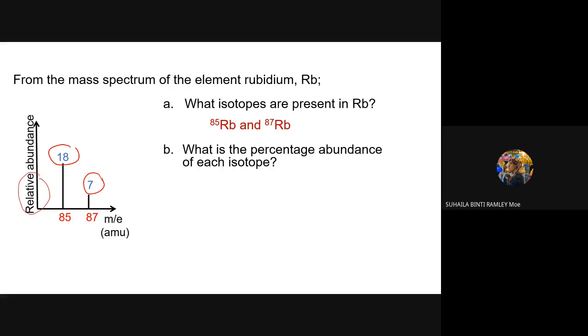So how do we convert this relative abundance to percentage? Relative over total relative times 100. So for rubidium 85, 18 over 18 plus 7, which is 25, times 100.